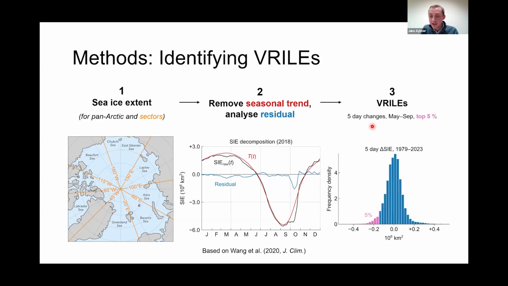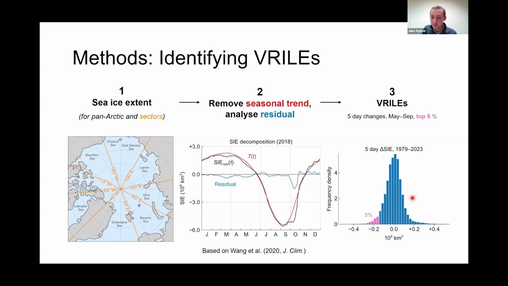In terms of actually identifying the viriles from this residual time series, we define a minimum time scale of 5 days, and we calculate a delta sea ice extent for 5 days. We calculate all possible 5-day changes from that blue time series.